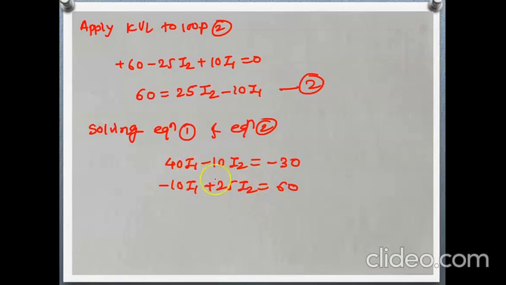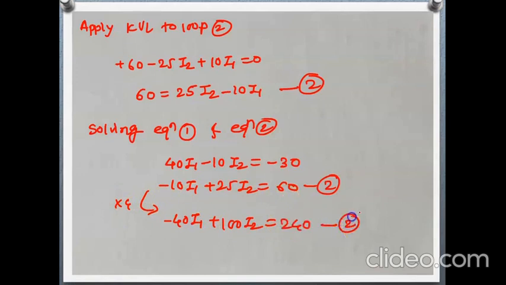If we eliminate one of I1 or I2, we will easily get the value of the other. So multiply equation number 2 by 4. We get minus 40 I1 plus 100 I2 equals 240. This is our new equation number 2, and this is our equation 1. So add equation 1 and this new equation 2.